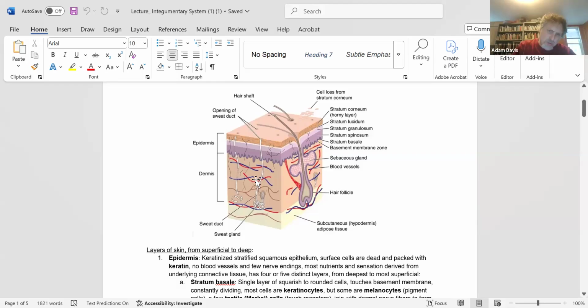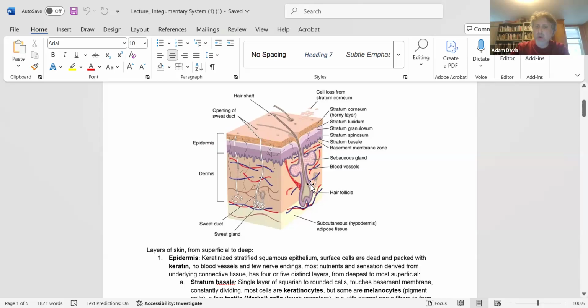And you can see housed within the dermis, there's a lot going on. The dermis is home to lots of blood vessels. The dermis is home to nerve endings. It's also where lots of glands are going to originate. You can see that you've got coiled up sweat glands and oil glands originating within the dermis, even if those glands have ducts that cut up through the epidermis to empty onto the surface of the skin.